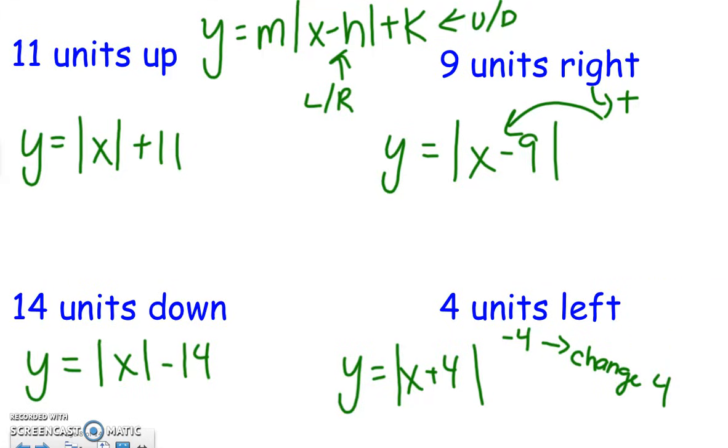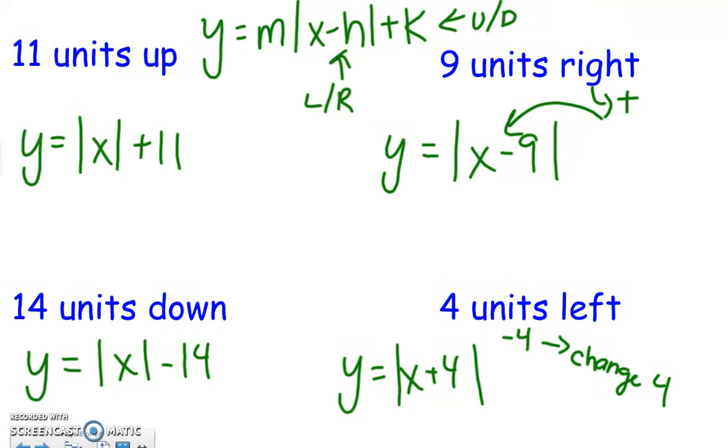Okay? So again, if you're going left or right, you are going to have to change your symbol. Right, you would think it would mean positive, but it actually means negative. Left actually means negative, but in this case it would be a positive because we have to do the opposite. All right? So that is how you write an equation in words, or from words.